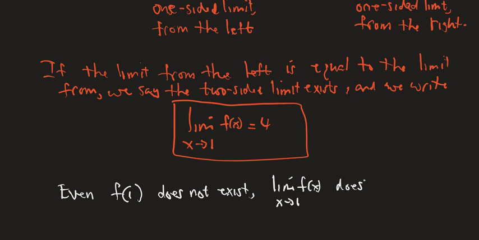And this is an important distinction to make, and an important concept. It's the difference between having a function value versus having a limit. Some important concepts here, and I just want to say one more thing before we end.